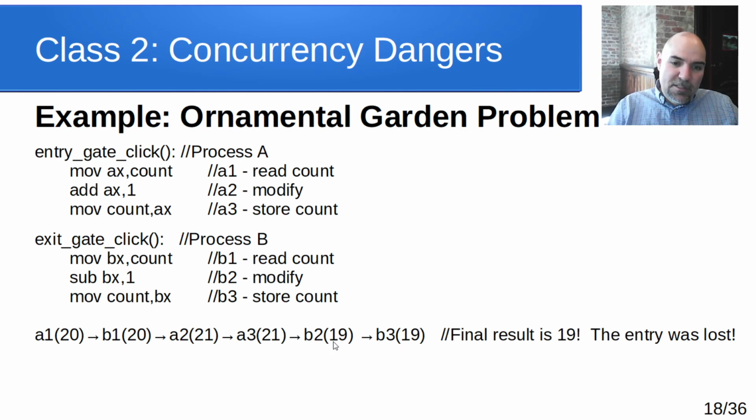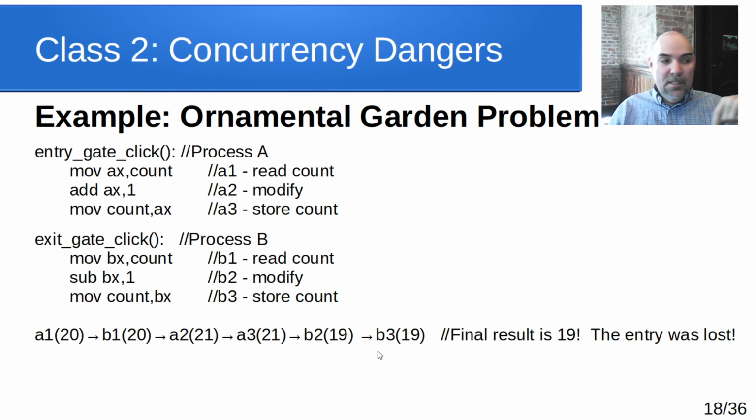But now B runs, and B had, remember, picked up 20, it subtracts 1 to get 19, and it restores 19. So the final result is 19. So this whole add that happened here and restore was completely overwritten by B running. So the entry event got completely lost.